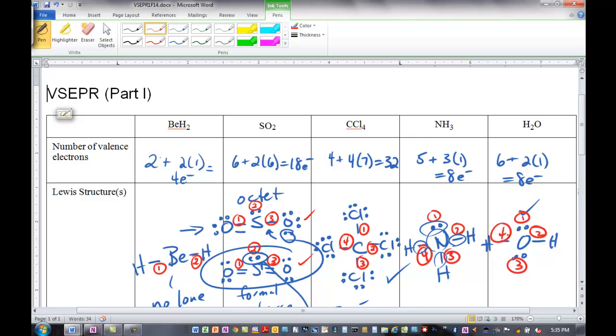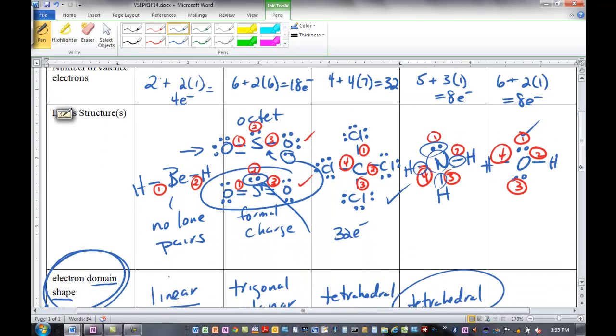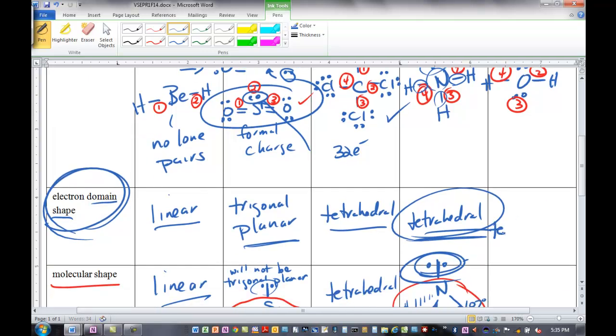So 4 pairs for VSEPR, 2 lone pairs, 2 bonding pairs. What's the arrangement of 4 pairs of electrons that minimizes repulsion? And I hope you're saying it, tetrahedral. So that's the electron pair geometry or electron domain shape. What about the molecular shape?